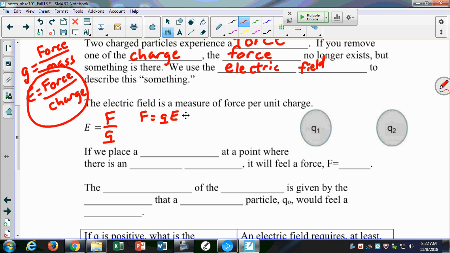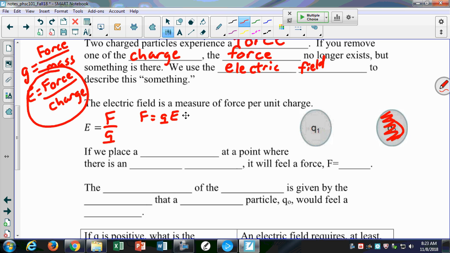Let's imagine right now, don't cross through Q2, but I'm going to imagine that Q2 is not here. I'm going to erase that, and it'll come back. But just imagine right now that we have Q1. If we have a single particle like this, I would draw the electric field with a series of lines.